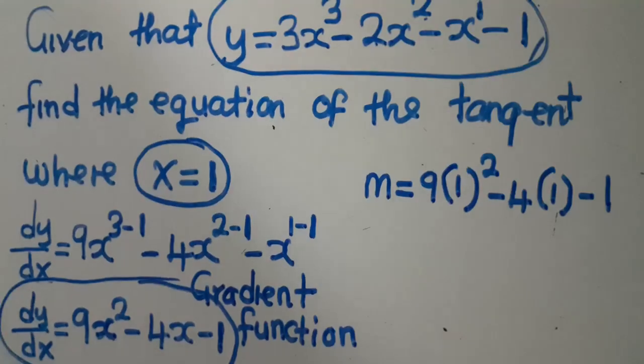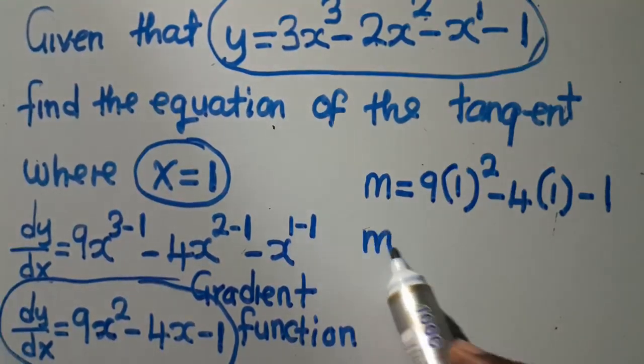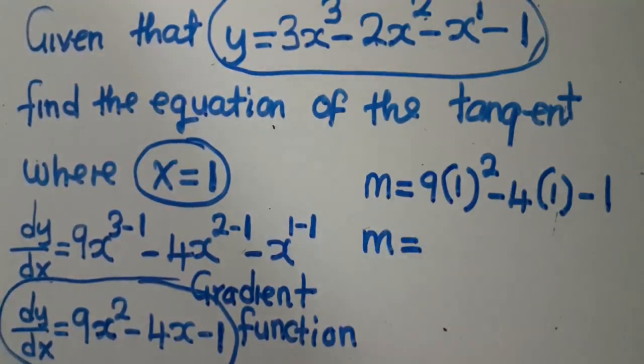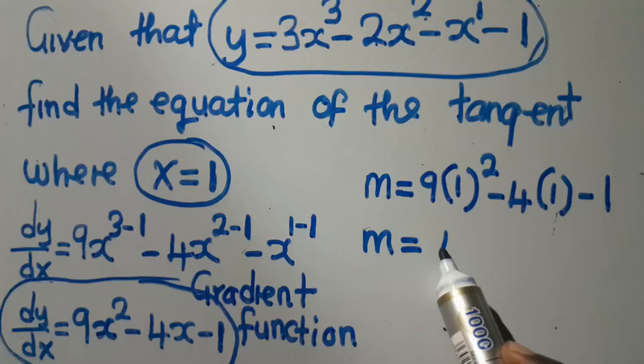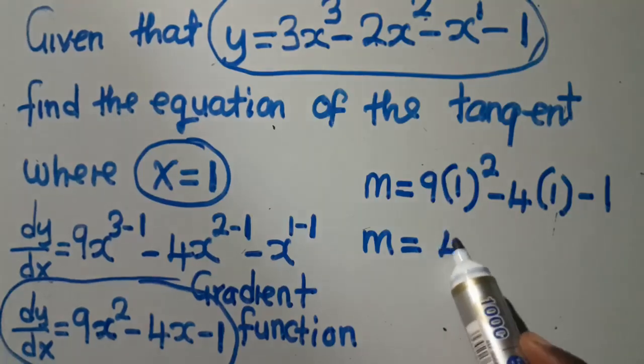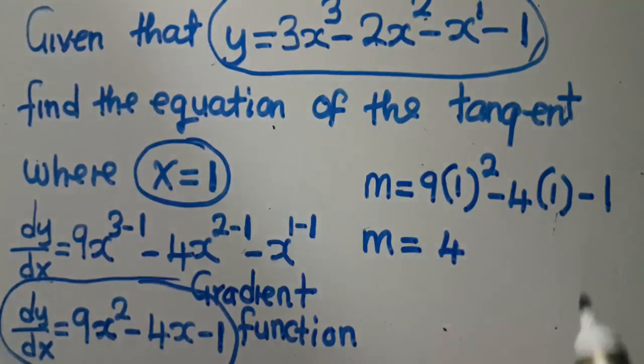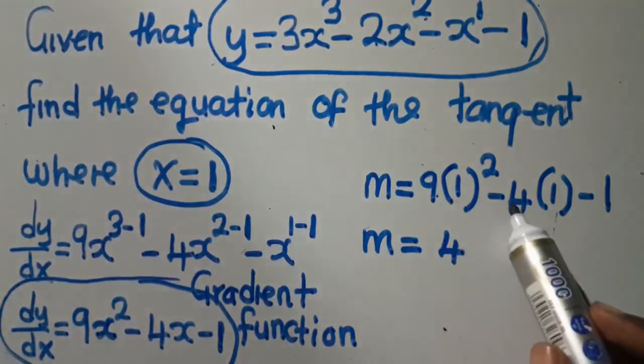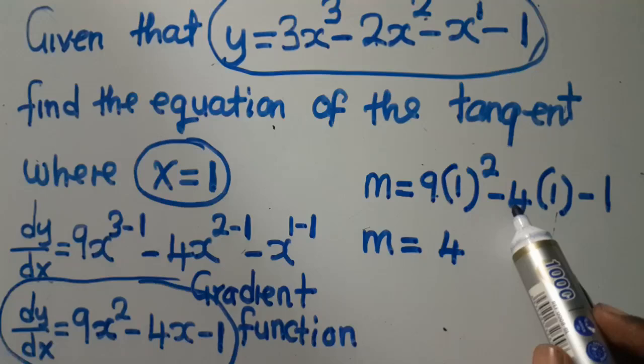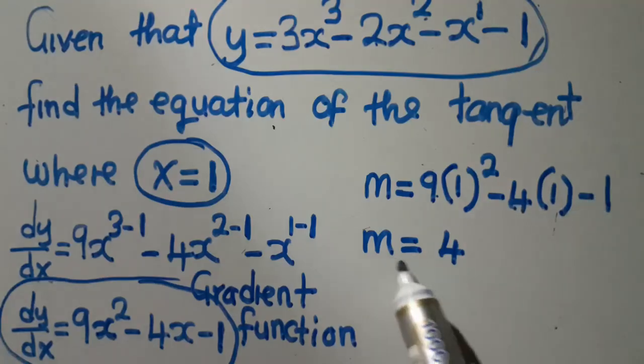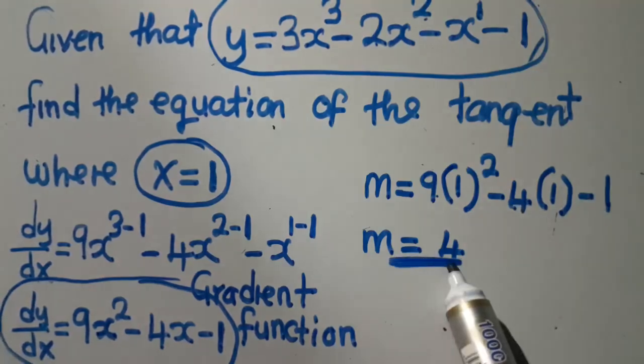So what is the gradient there? You are going to get 4 as your answer. This is 9 minus 4, it is 5. 5 minus 1, 4. So this is your gradient. So we found the gradient.